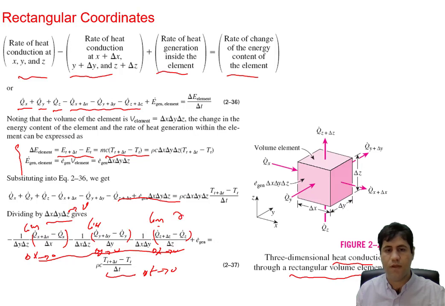This one will be the partial of q dot z by partial z.